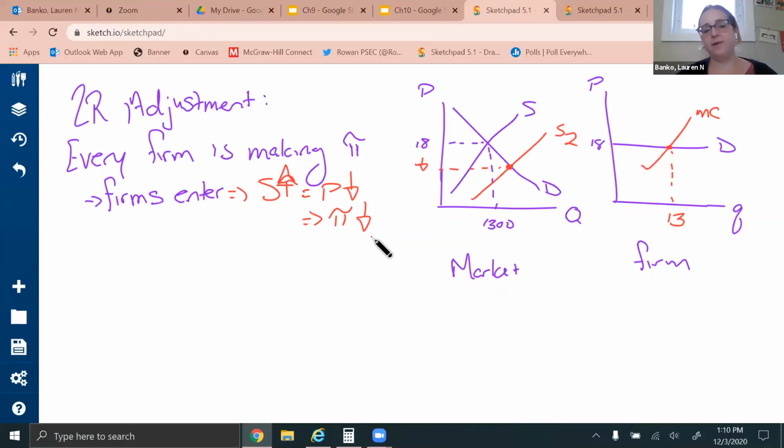Profits go up, and then all these adjustments lead to profit going down, and then all these adjustments make profit go up. So we're going up and down, but eventually we're going to come to a point where we stop moving, we stop adjusting. And that's that long run equilibrium, which we said before was when profit was zero.